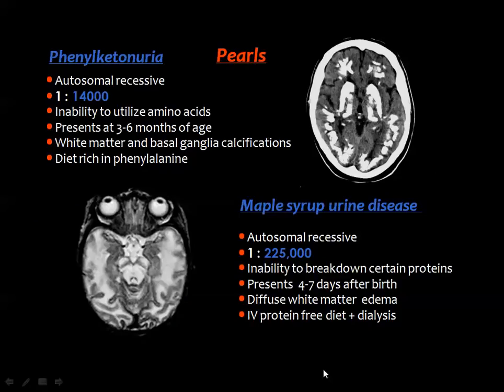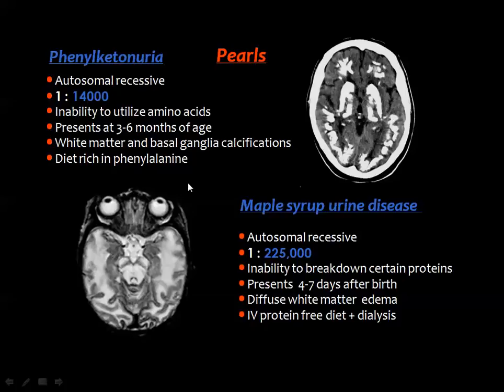And to sum up the previously mentioned data about the four diseases, starting with phenylketonuria, all four diseases are autosomal recessive. The most common one of them is phenylketonuria, with a relatively common incidence. The main problem is the inability to utilize amino acids, and the disease will present at the age of 3 to 6 months with white matter and basal ganglia calcification, which are better seen by CT, of course.